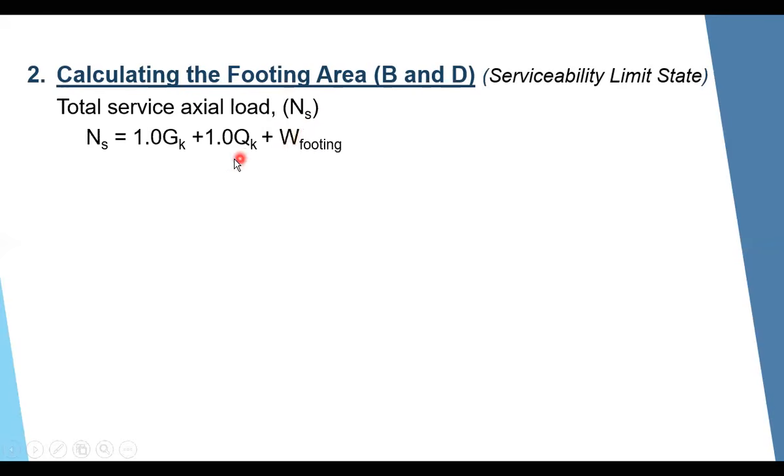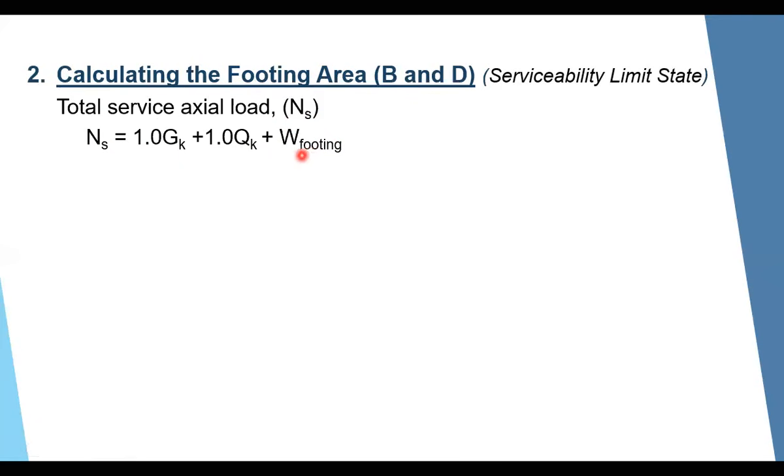So the N service equals what? Equals dead load times 1 plus live load times 1. Here the load factor will always be 1, not 1.4 and 1.6 as in the case of the ultimate. But for the N service, we add dead load plus live load plus the weight of the footing itself, because the self weight of the footing will be applied to the soil and it will increase the stress on the soil.